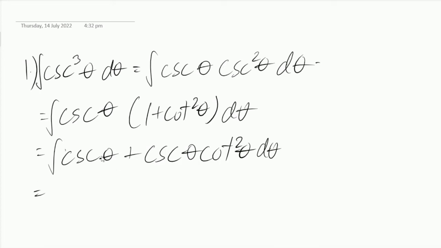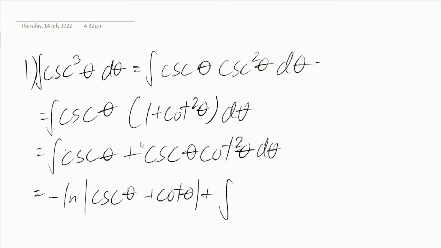And then next we will find the integral of cosecant theta, which is negative ln of cosecant theta plus cotangent theta, plus the integral of cosecant theta cotangent squared theta d theta, for which we're going to use integration by parts.